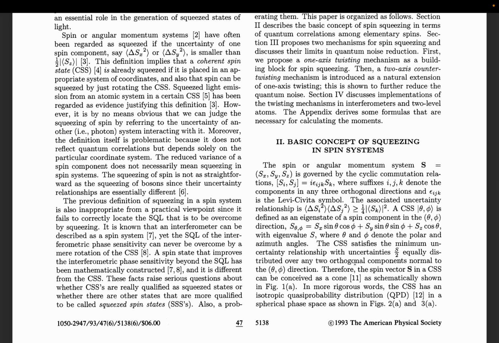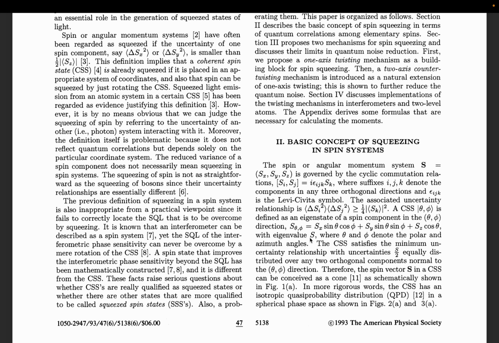To define squeezed spin states, first we need to define the coherent spin state. A coherent spin state denoted by theta, phi direction, ket theta phi, is an eigenstate of the spin operator S of theta comma phi with the highest eigenvalue s.